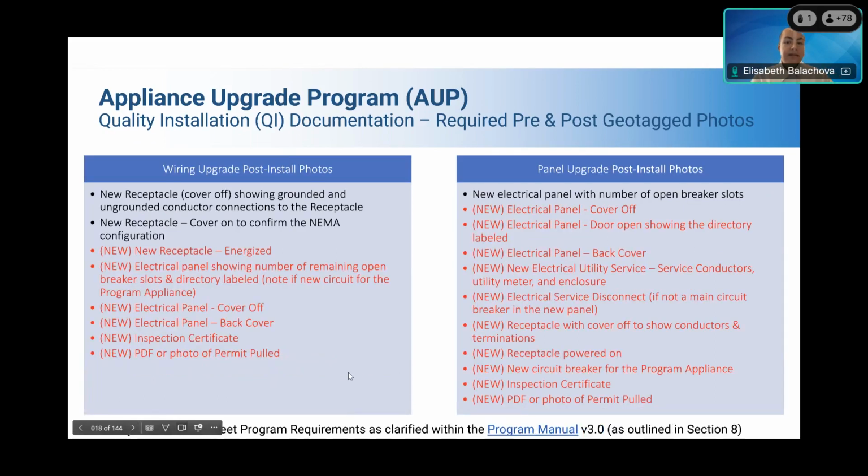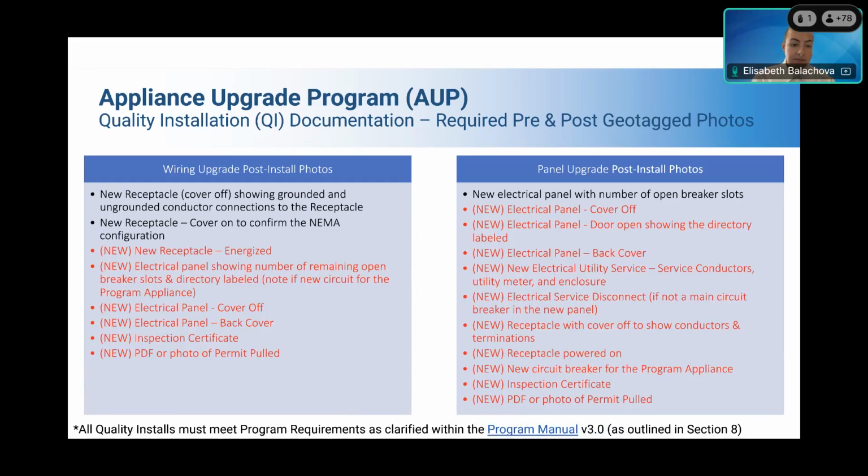For wiring upgrades and panel upgrades, same thing. We'll need additional photos of the panel with the cover off, with the cover on. Again, related to any permits, we will want you to upload inspection certificates, and again, a PDF or a photo of the permit that was pulled for the work that was done.